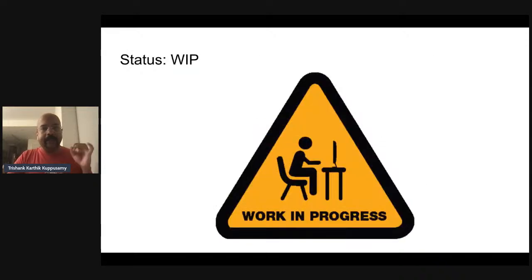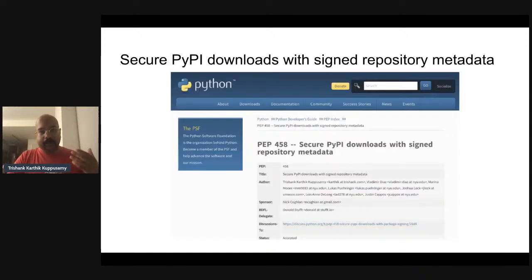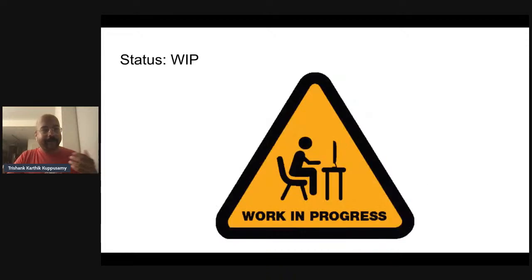And we're nearly done finishing implementing it. Work is blocking currently on a contractor, but we're hoping that the contractor will be unblocked soon and it would actually be finished, rolling into production by the end of the year. Hopefully people will be able to use this in practice. Actually, invisibly behind the scenes, when you use pip install in the future, you will actually be protected by PEP 458. Very excited to see that.